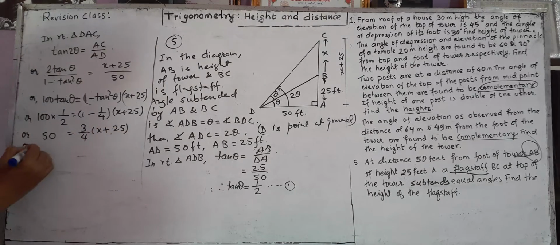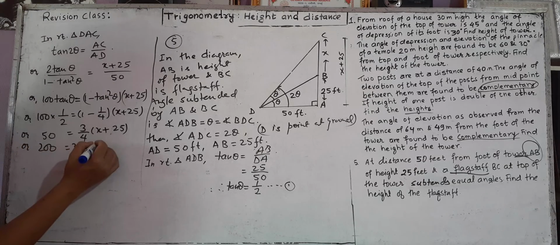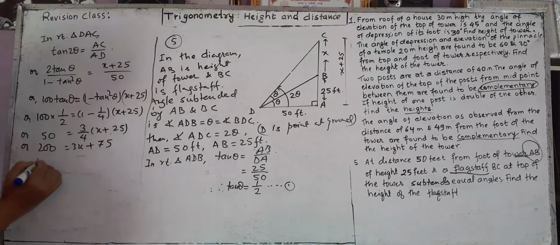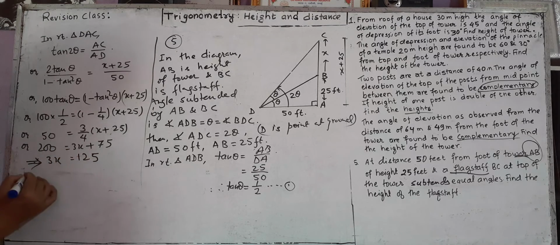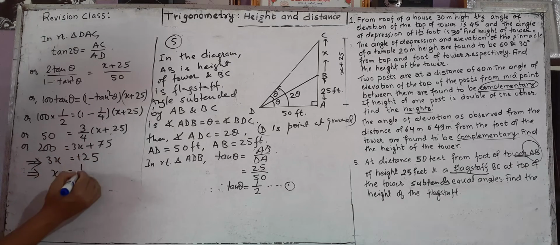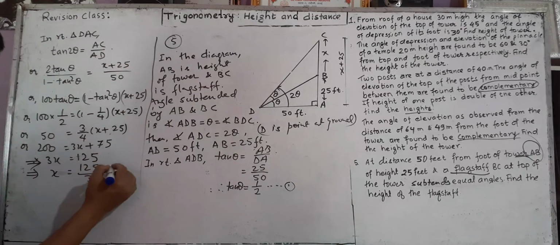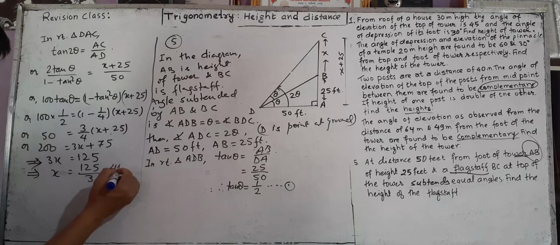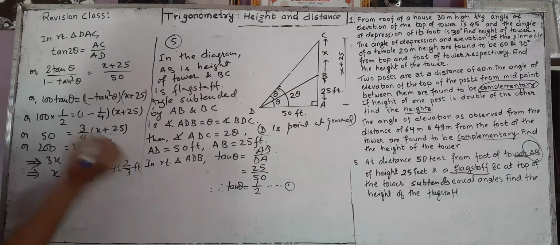By cross multiplication, it is 200 equal to 3x plus 75. Therefore 3x is equal to 200 minus 75, that is 125, and this implies x is equal to 125 by 3, that is 41 and remainder 2 by 3 feet.